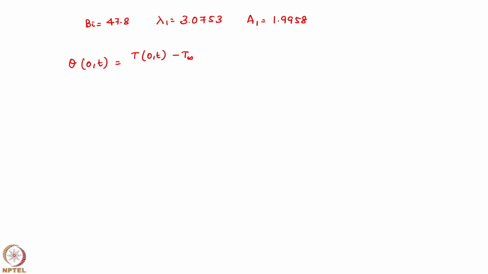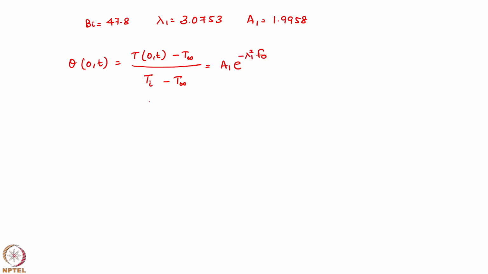So at the center, theta of 0 comma t, which is T of 0 comma t minus T infinity divided by Ti minus T infinity, is equal to A1 e to the power of minus lambda 1 squared Fourier number.